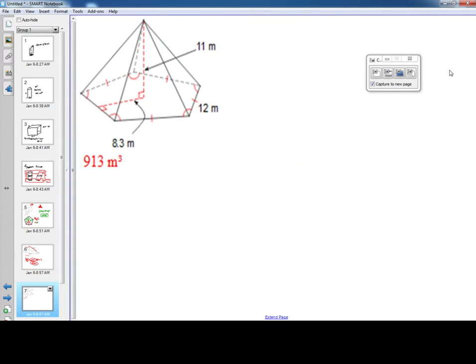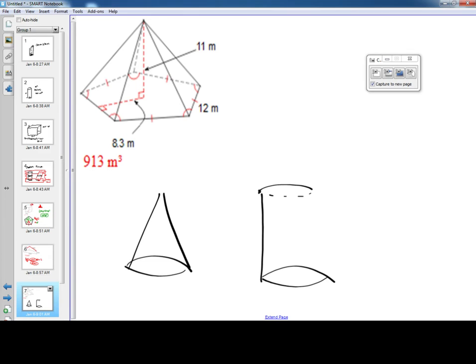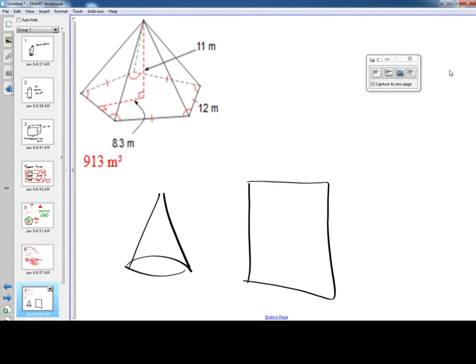Now, do you guys remember my axiom, my informal proof of why we did the cone? Do you remember when we did the cone? I said, imagine that this came from a cylinder. Imagine that that's your cylinder just standing up.